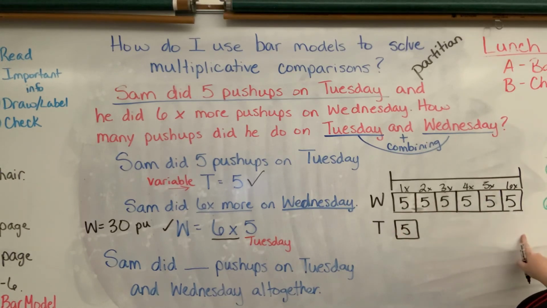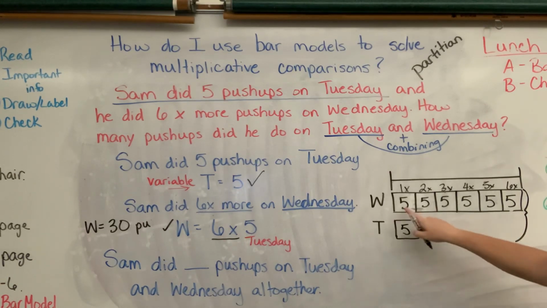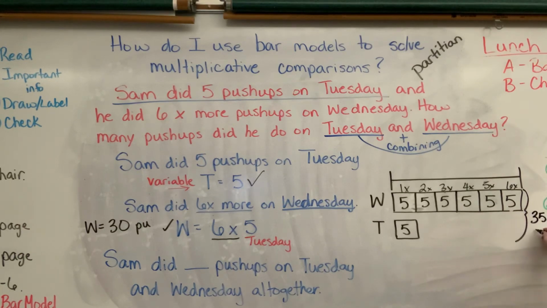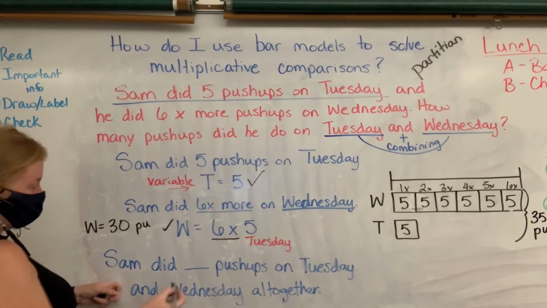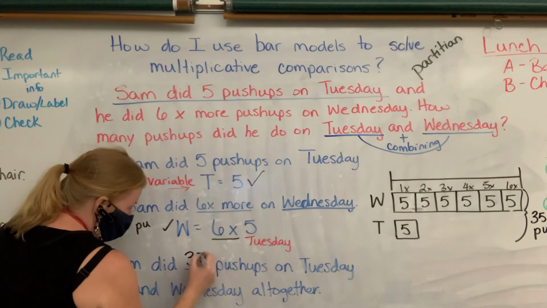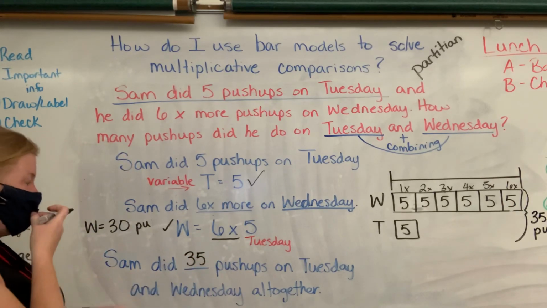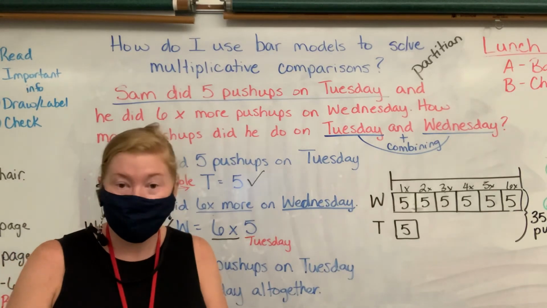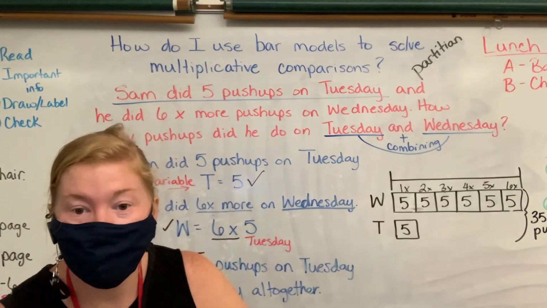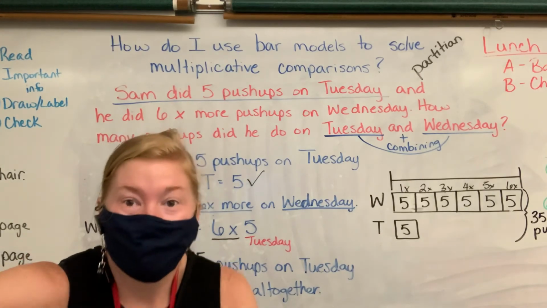I'm going to draw a bracket over here to show that I am combining the total. 30 plus 5 is 35, and I'm going to put PU as my label for push-ups. I'm going to come back to my sentence, and fill in my blank. Sam did 35 push-ups on Tuesday and Wednesday, all to what? All together or combined. All right, let me pause out.